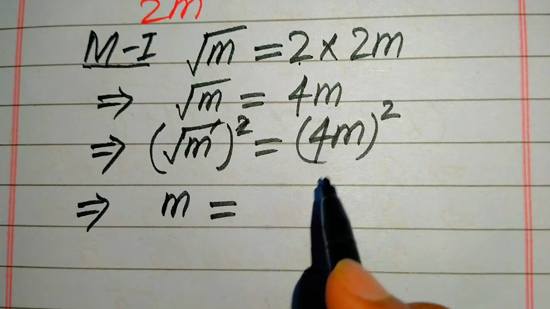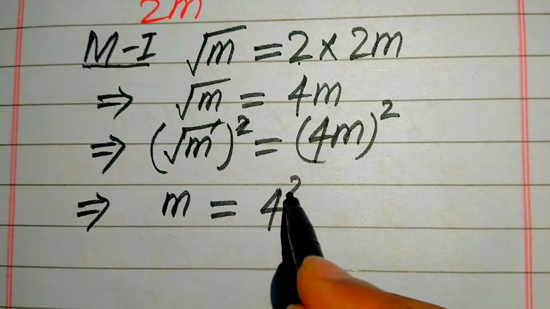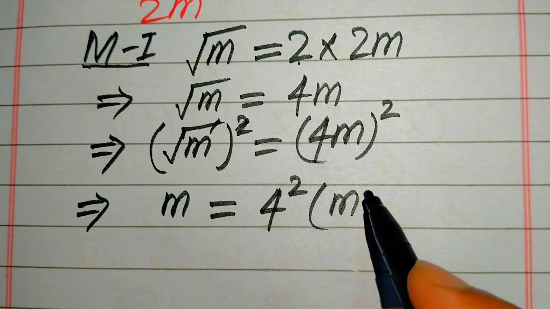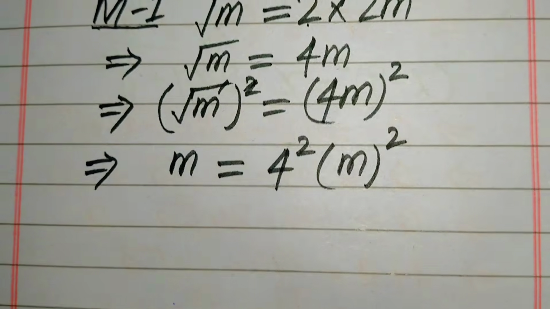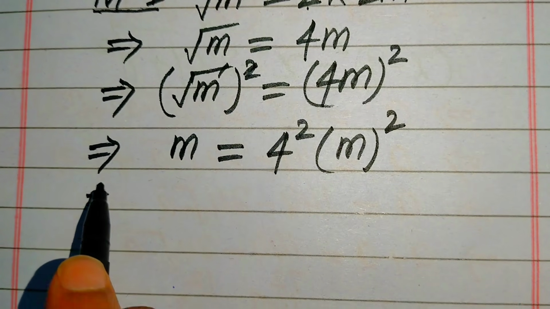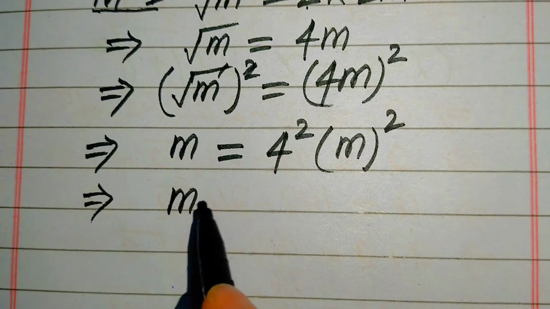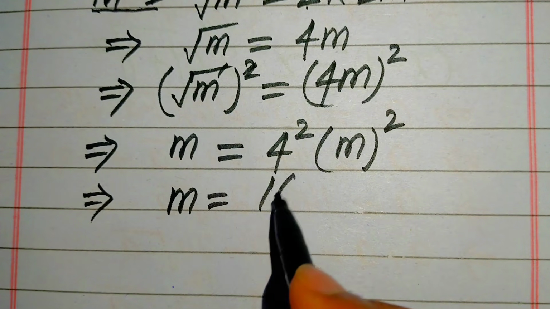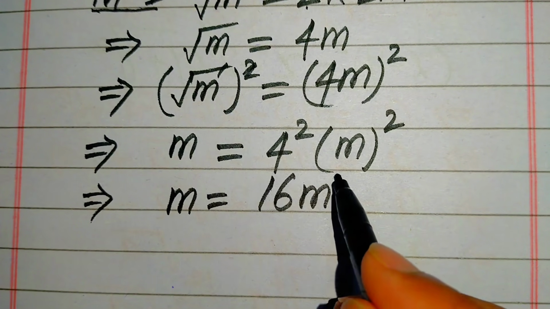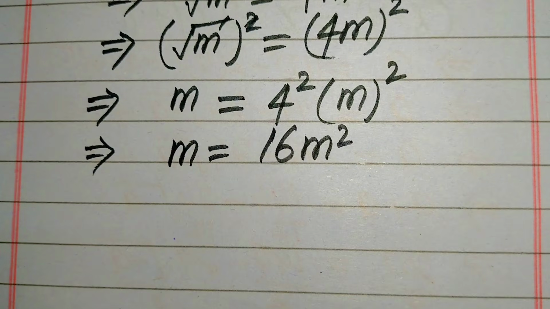We apply the square separately on both of these values, and we get 4 squared times m squared. In the next step, we have m equals, 4 squared becomes 16, and m squared remains m squared.